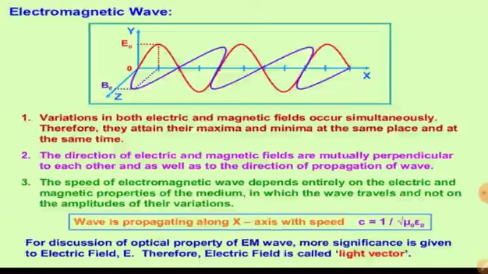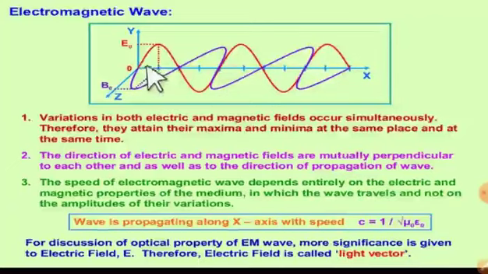We know that in electromagnetic waves the electric field vector and the magnetic field vector vary sinusoidally and perpendicular to each other, and perpendicular to them electromagnetic waves propagate.